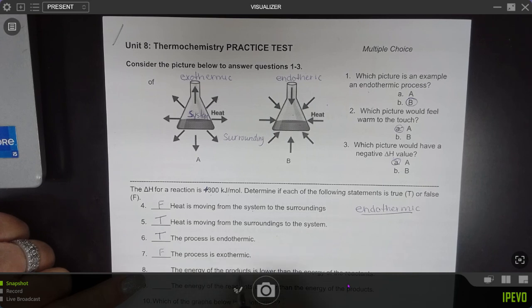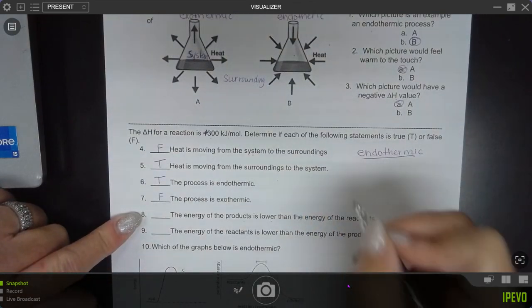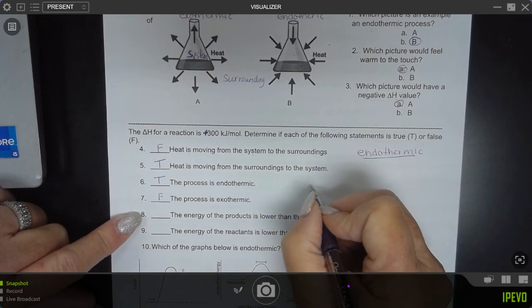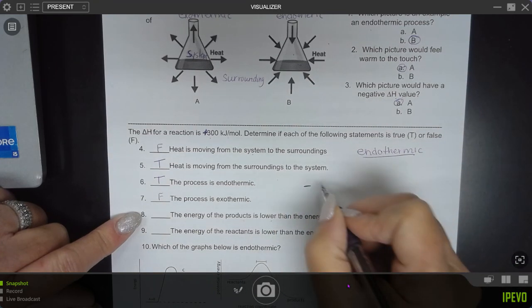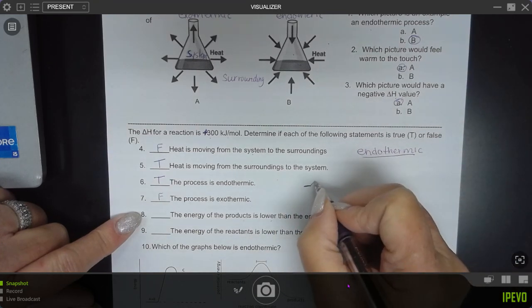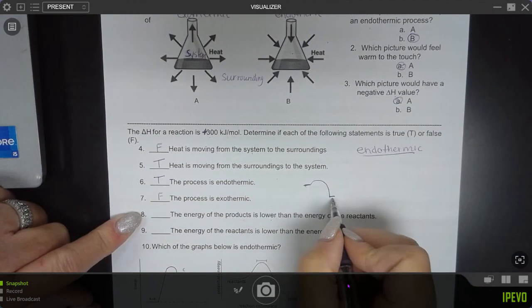The energy of the products is lower than the energy of the reactants. Now, when I think about this, I actually think about the picture. So I draw my picture. Products, reactants.